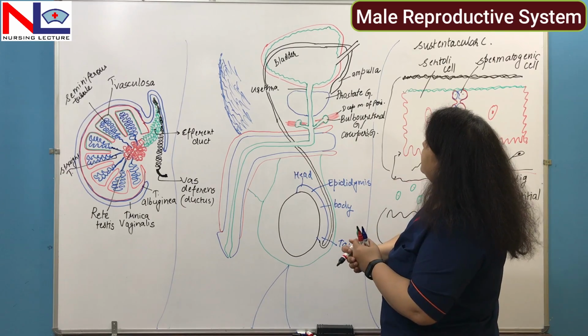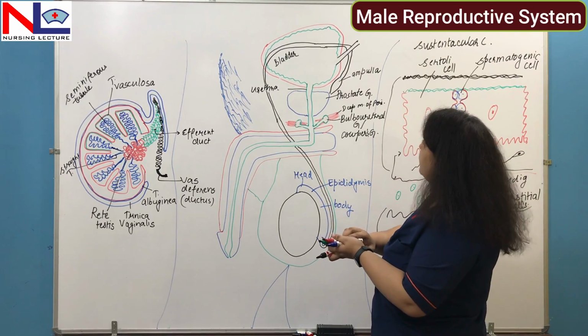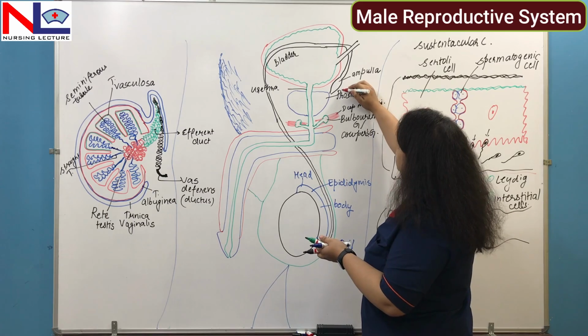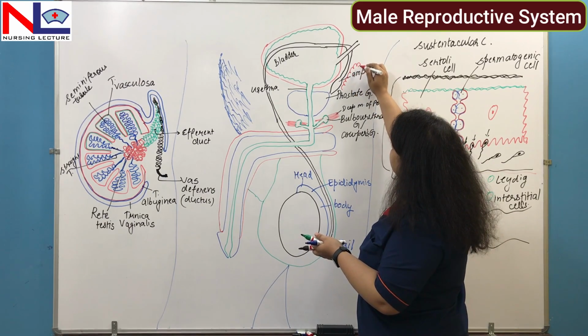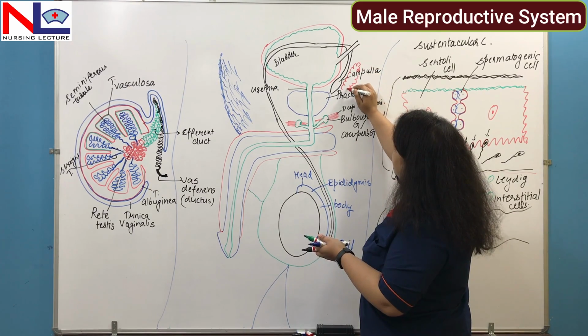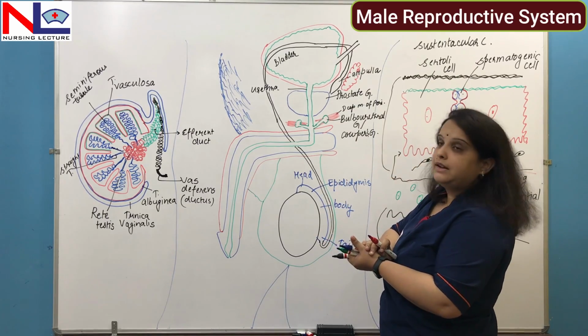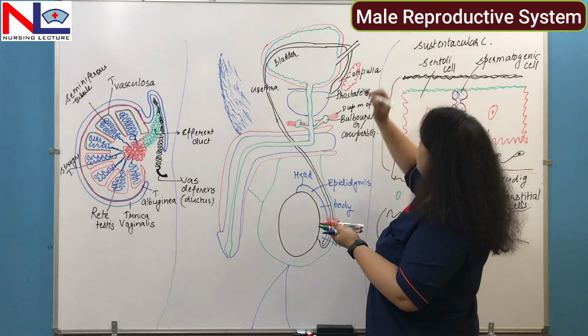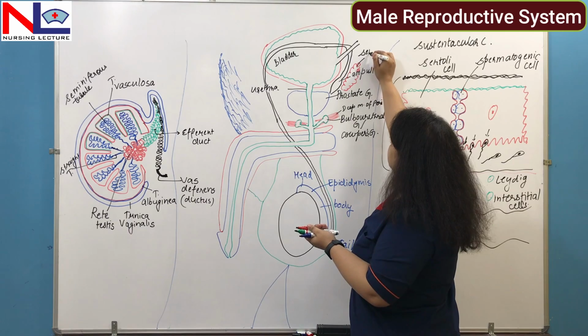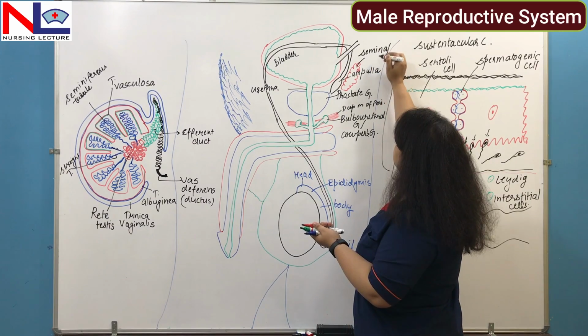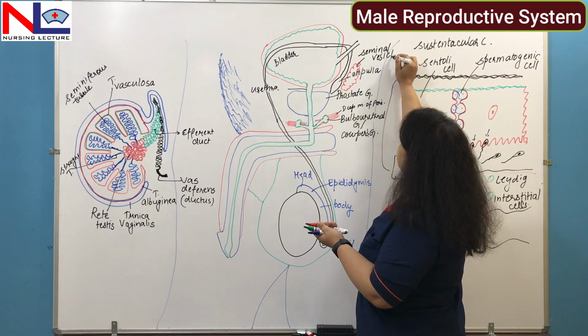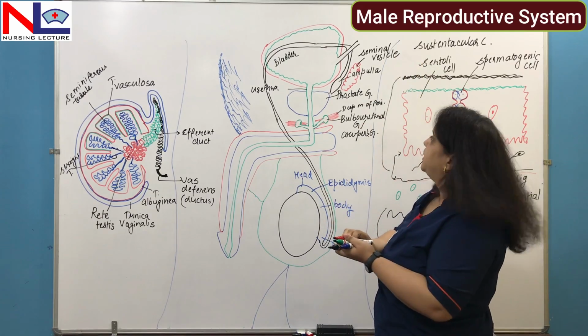Now in the posterior aspect there is one more accessory gland, again a coiled gland. This is called the seminal vesicle, which lies posterior to the bladder.